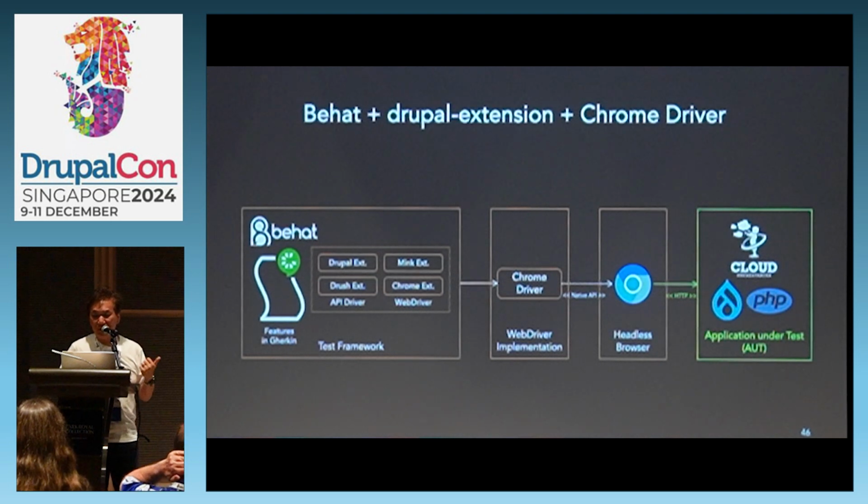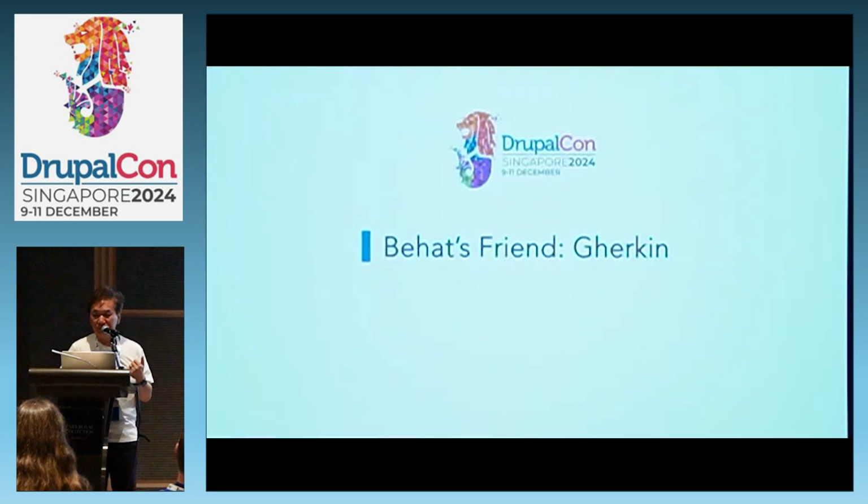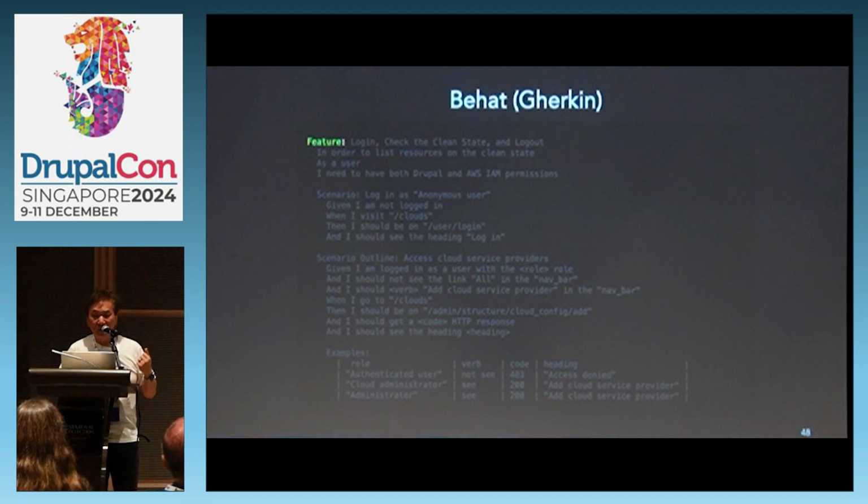So how can we write the Behat BDD test scenario? Let us move on to Gherkin syntax. Gherkin is widely used in a variety of programming languages other than Behat in PHP, like Python, Ruby, or Java in BDD.